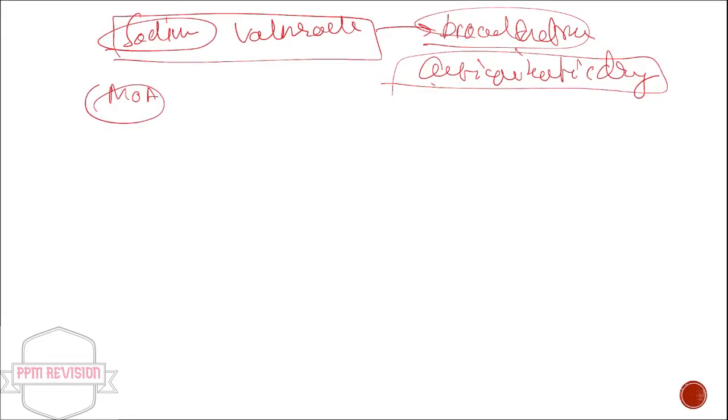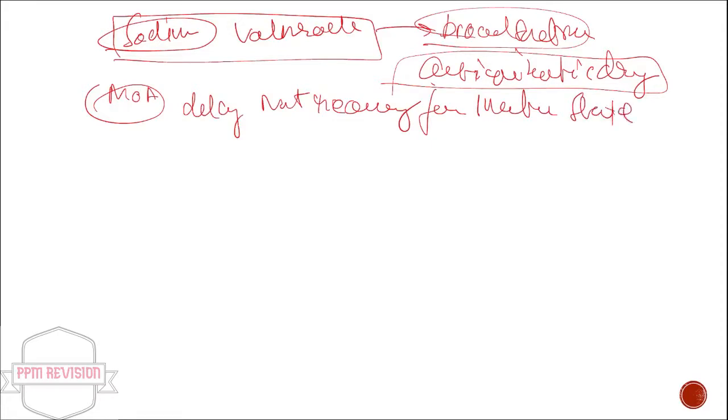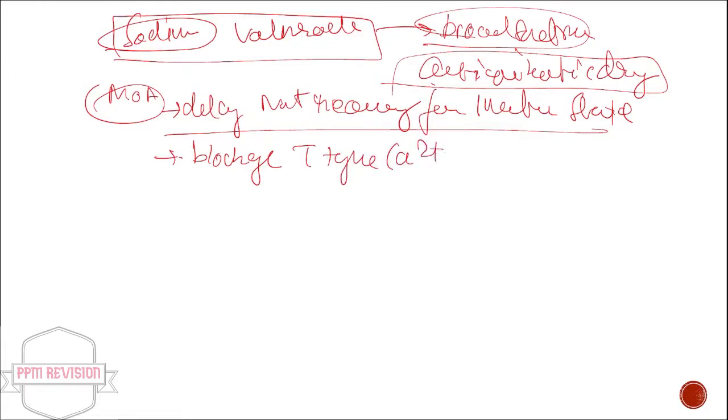What happens is, again, there's a delay of sodium channel recovery from the inactivated state, okay. Next, there is also a blockage of T-type calcium current in thalamic neurons.